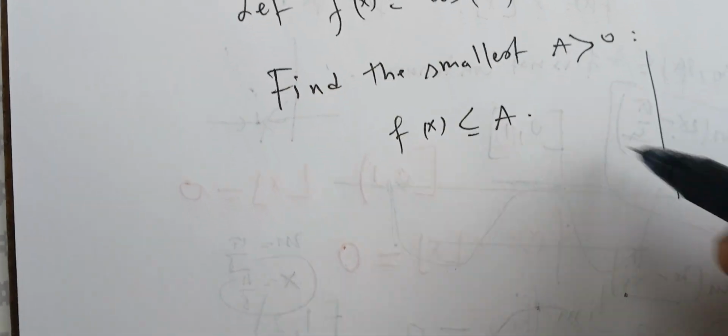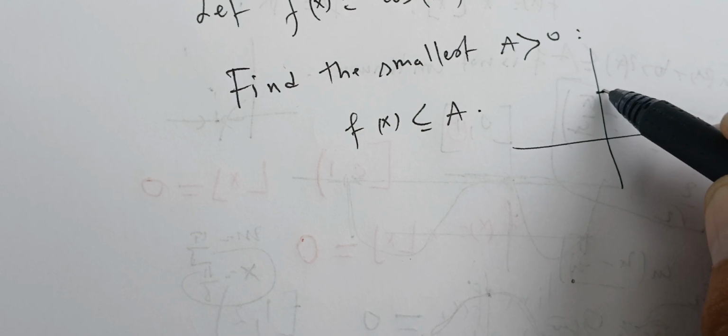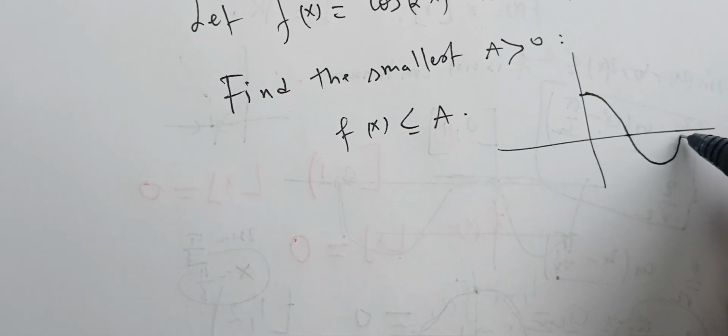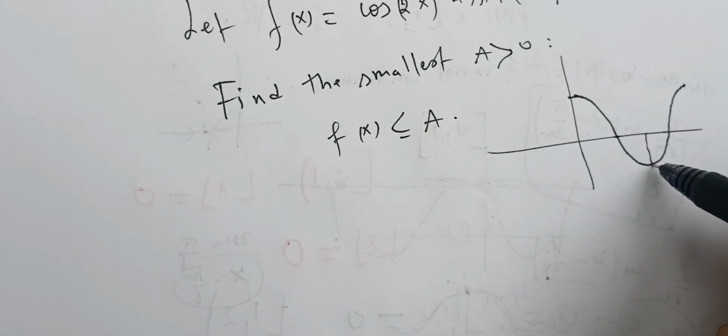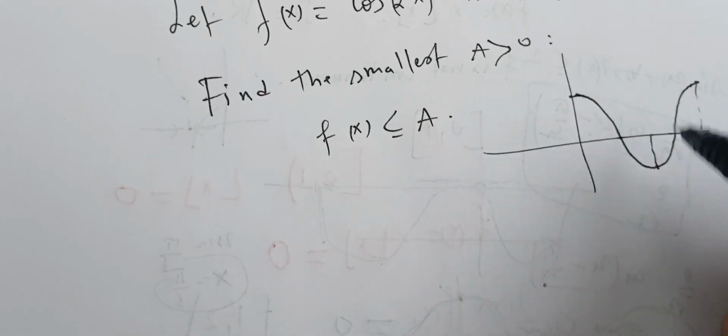For instance, if we take the cosine, we can get all we need by just graphing or knowing the values.